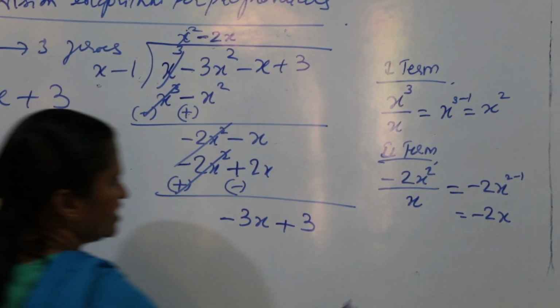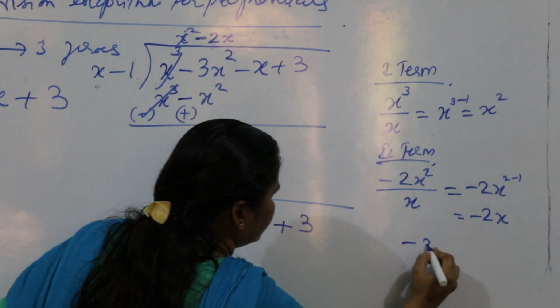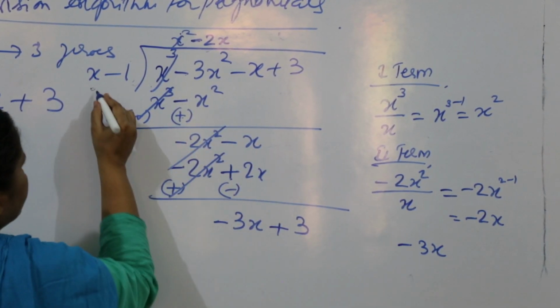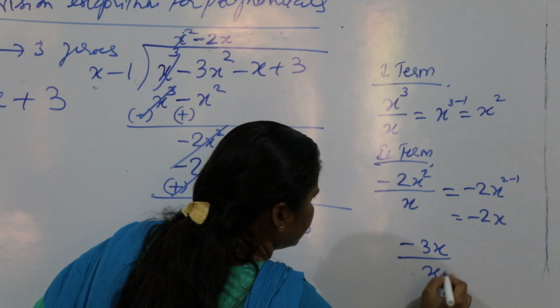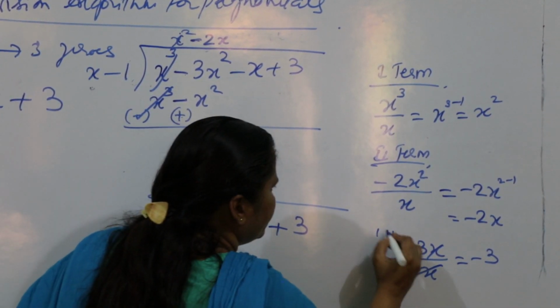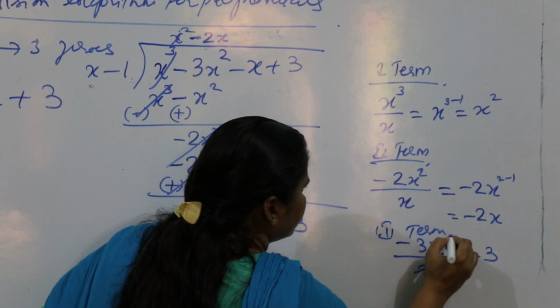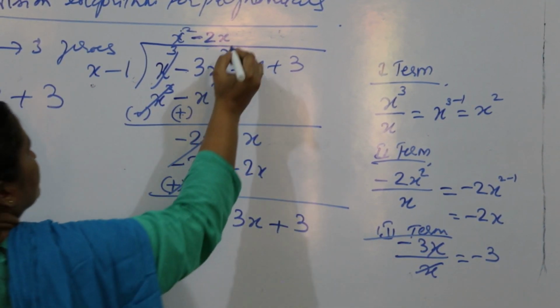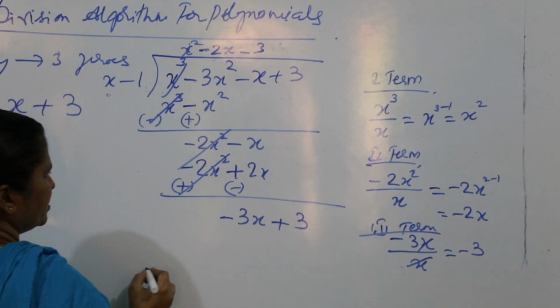Again, what do we do, children? Minus 3x divided by x, you are left with minus 3. You have to write it right here, the third term of your quotient.